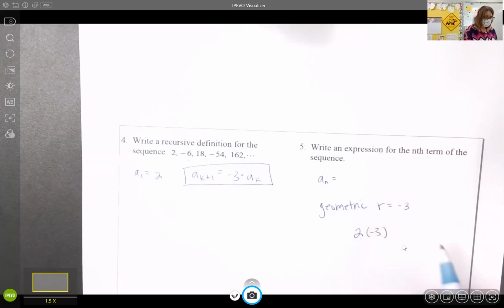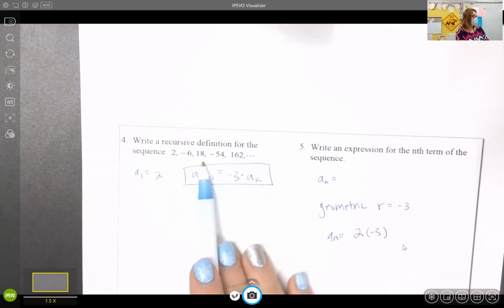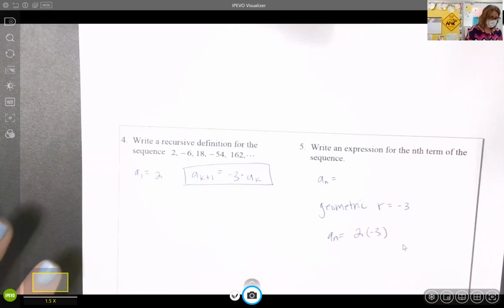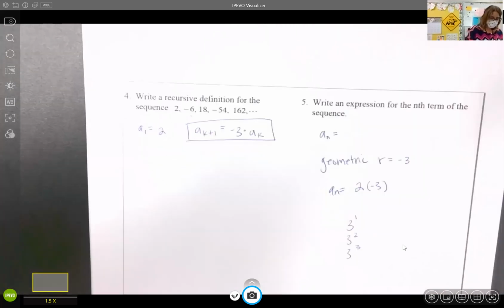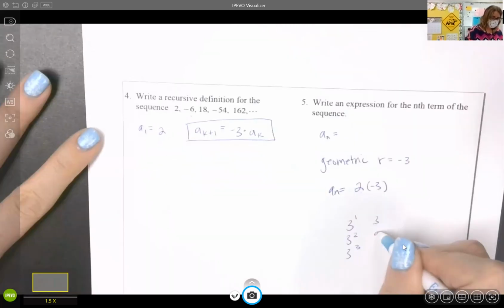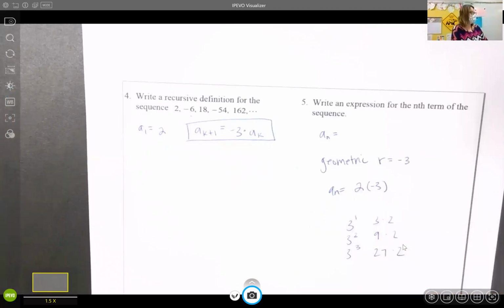And the first time I did it, I multiplied the -3 to the 1 power, right? And the second time I did it, what did I multiply by? 3 squared is 9, right? And then 9 times 2 is 18. So 3 to the 1, 3 to the 2, 3 to the 3, right? So this gives you 3, this gives you 9, this gives you 27, and then every time we're multiplying by the 2 that we started with.